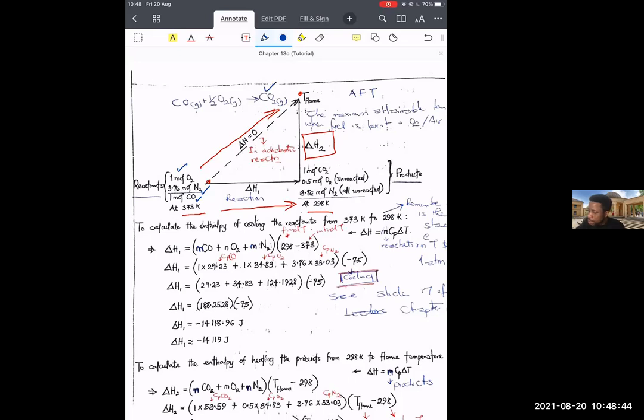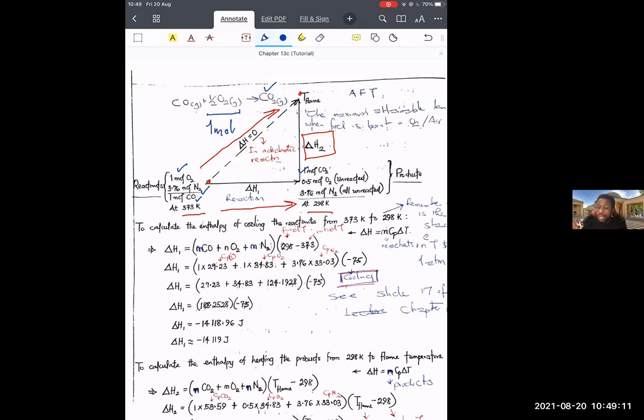How many moles? 1. So 1 mole of CO2. On the product side, we have 0.5 mole of unreacted O2. I hope that you still remember that. From our calculation, we said it is 1 mole. We calculated that because it says it's double excess, so we saw that it's 1 mole that came in.